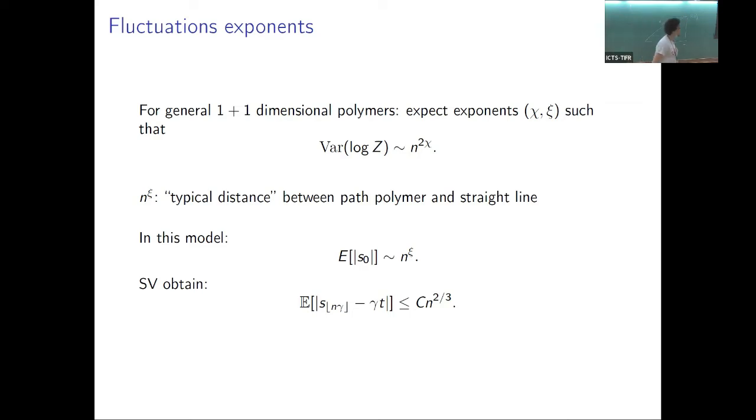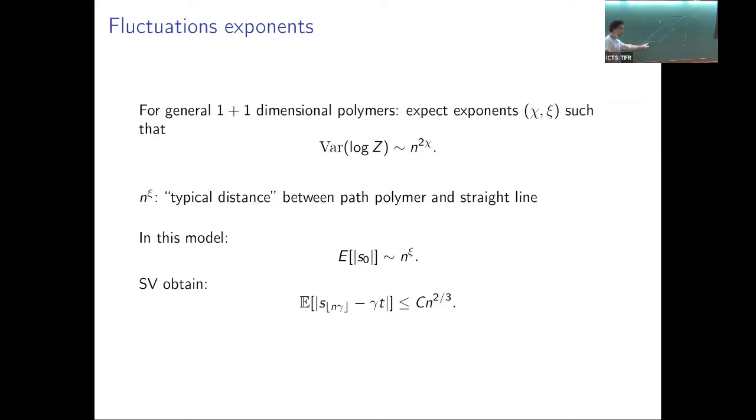Okay, so n to the xi is the typical distance, and in this model, n to the xi is represented by the time that in the stationary model, we decide to finally join the bulk. So this is S0. So it's the difference between the origin and the time when we jump into the bulk.